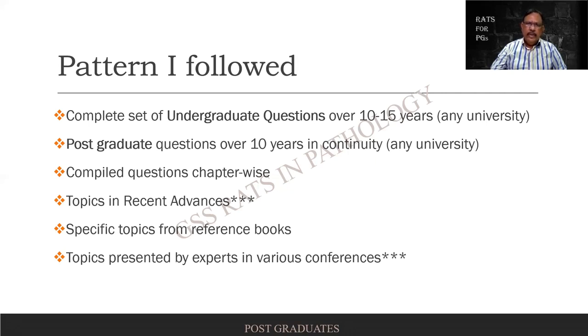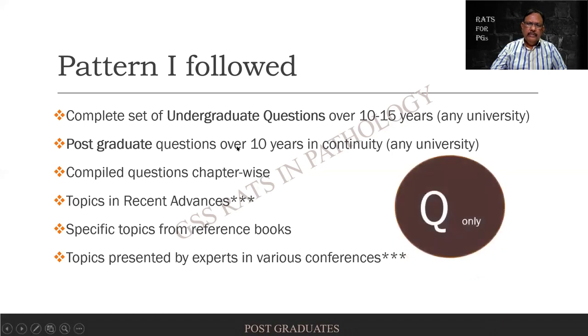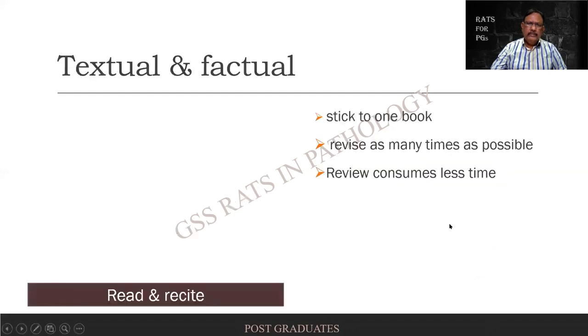So these should be the questions and the pattern that you people should follow so that we do not omit anything. So only questions. And this we had mentioned earlier. Stick to one book. You revise as many times as possible, and the review will be consuming less time.